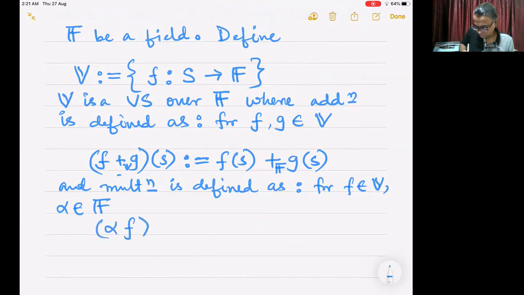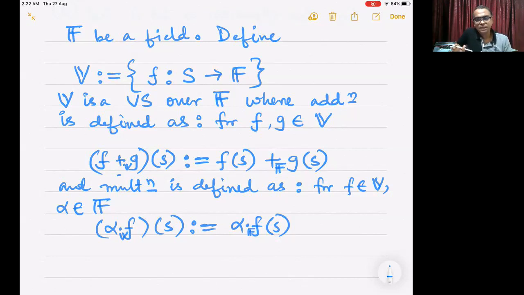Its action on s is by definition f(s), an element in the field, multiplied by alpha, which is also an element in the field. So this product here is the product over the vector space, and this is the product over the field. I hope you understand what is happening.